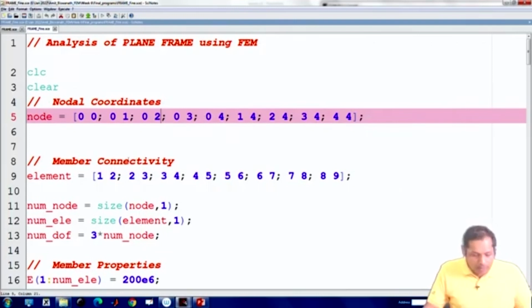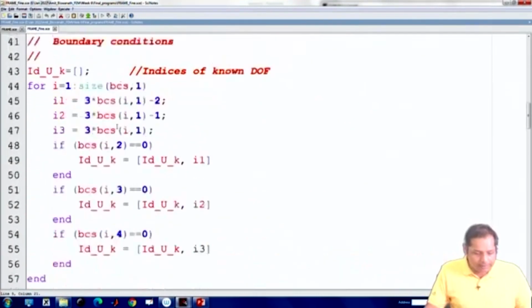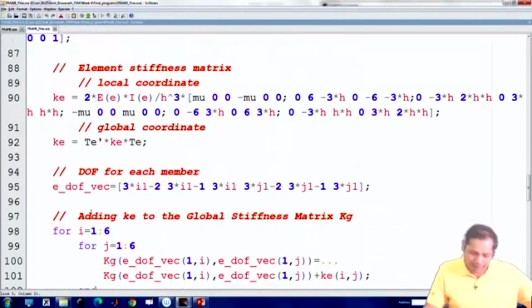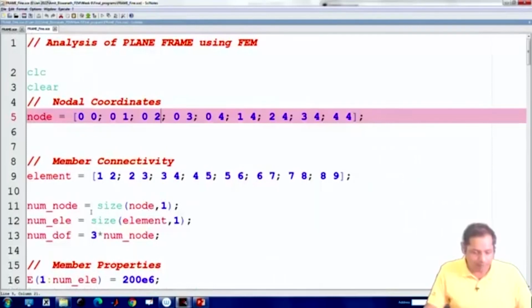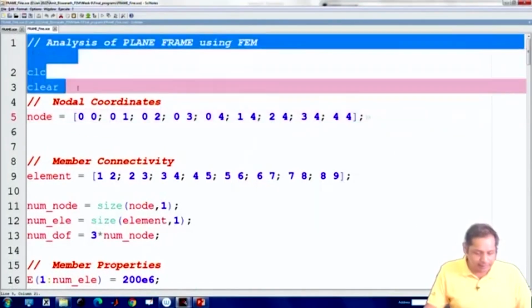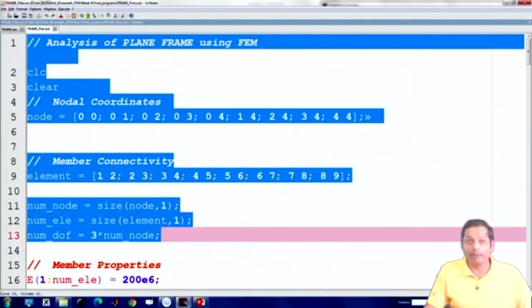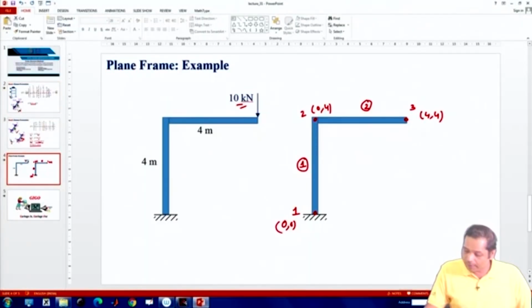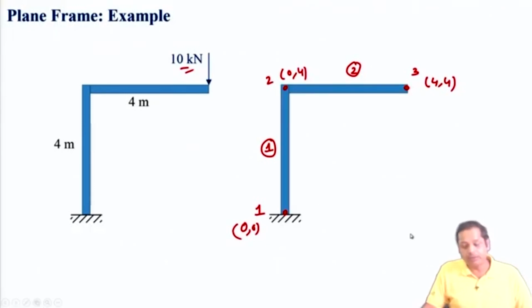Now you see that more or less the programs are almost the same for the problems, but the only thing is the input needs to be given separately. Even if you use some commercial software, it only does these operations, this solution part, right?